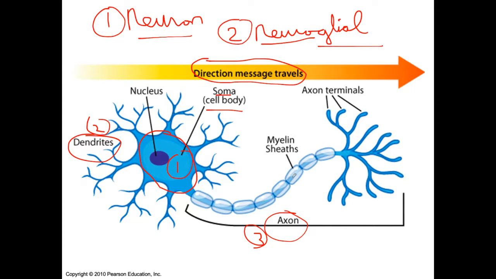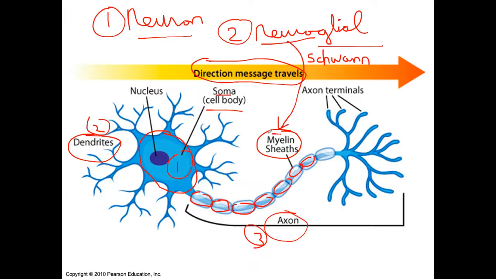Now, when you follow the axon, notice the axon has these myelinated sheaths, and all of these myelinated sheaths are really just an insulator, right? This is just an insulator. The myelin sheaths are actually created by a neuroglial cell, and the specific neuroglial cell, if we're talking about one in the peripheral neural system, is called a Schwann cell.